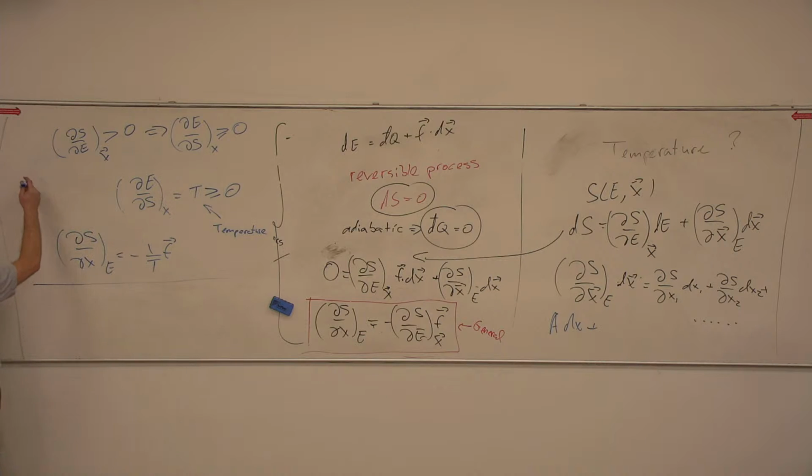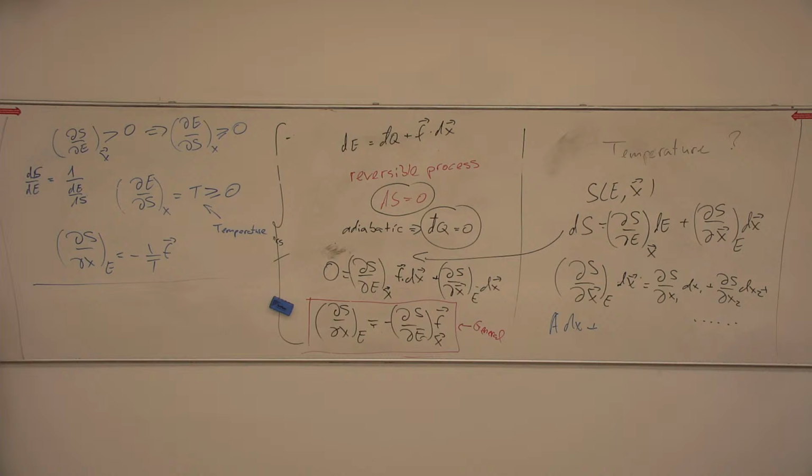Let's do the following physical trick. If you have ds over dE, it's 1 over dE over ds. It's not exact, but I can justify it. If this derivative is greater than 0, the other one also has to be greater than 0.